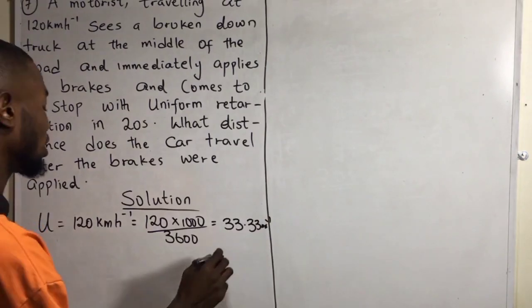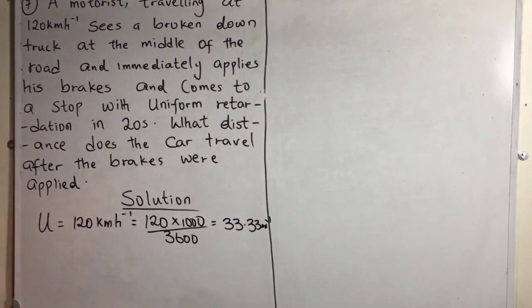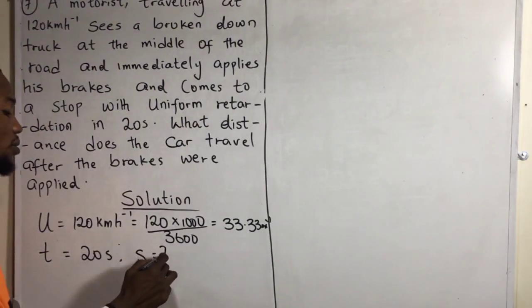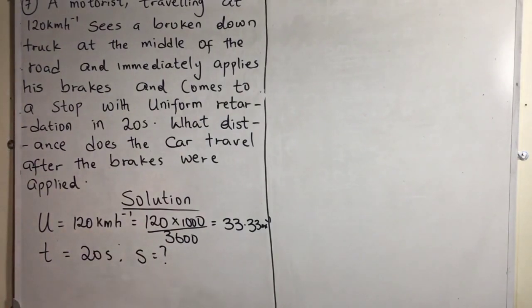Sees a broken down truck in the middle of the road and immediately applies his brake and comes to a stop with uniform retardation in 20 seconds. Thus, when he applies the brake, the time taken for this car to come to a stop is 20 seconds. What distance does it cover? So we are solving for distance now. Does the car travel after brakes were applied?